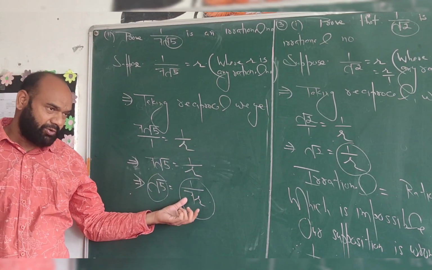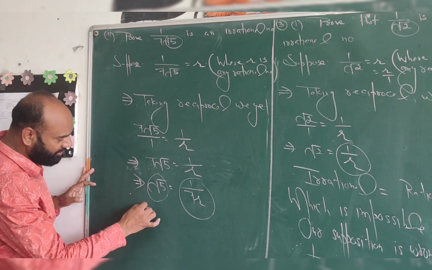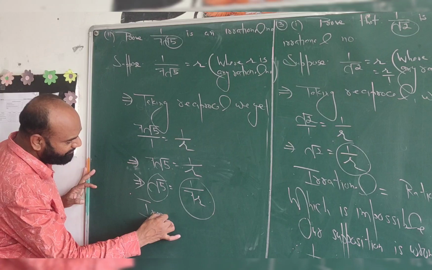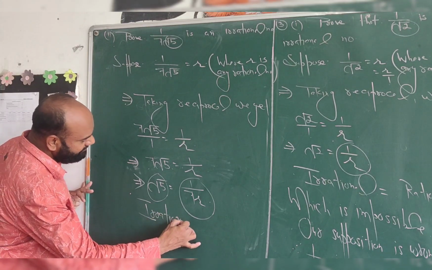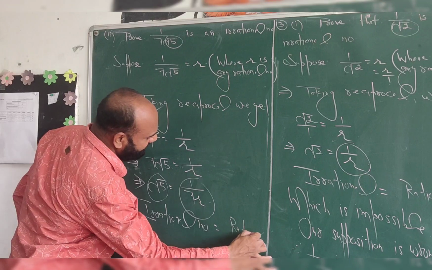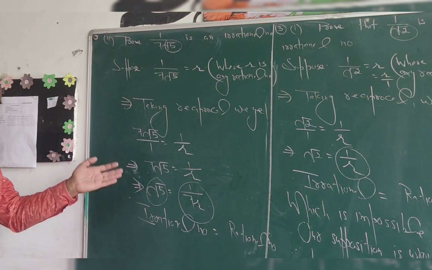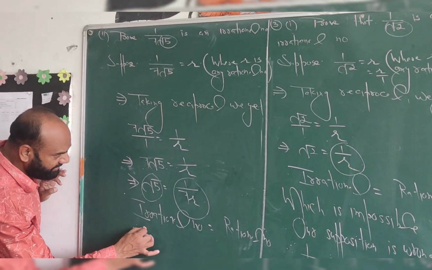And the reciprocal of any rational number is also a rational number. Therefore, this is an irrational number and this is a rational number. And we know any irrational number can never equal a rational number.